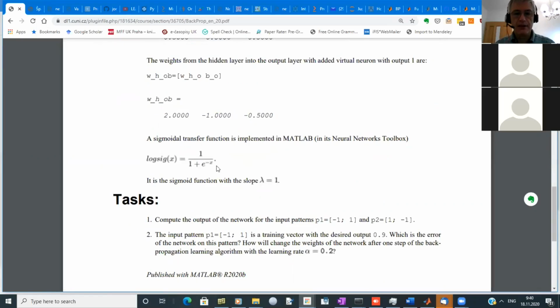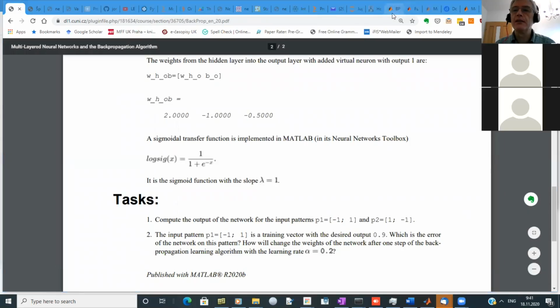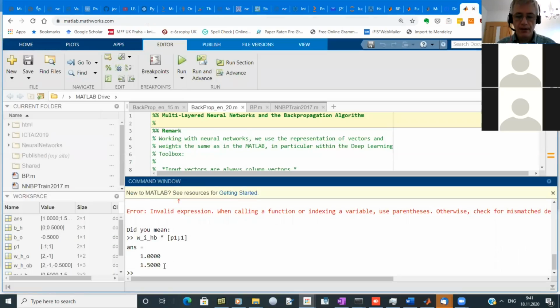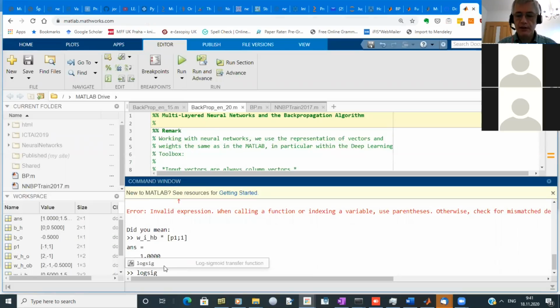We can implement this function in MATLAB, but actually in the deep learning toolbox, which is also already accessible in MATLAB, we can use a function logsig. This one. So logsig.